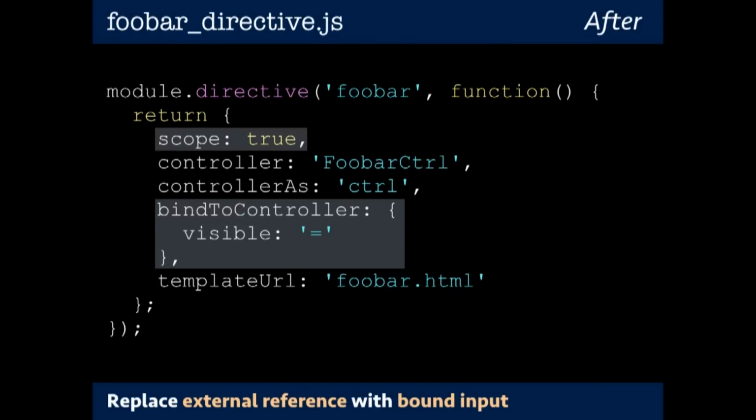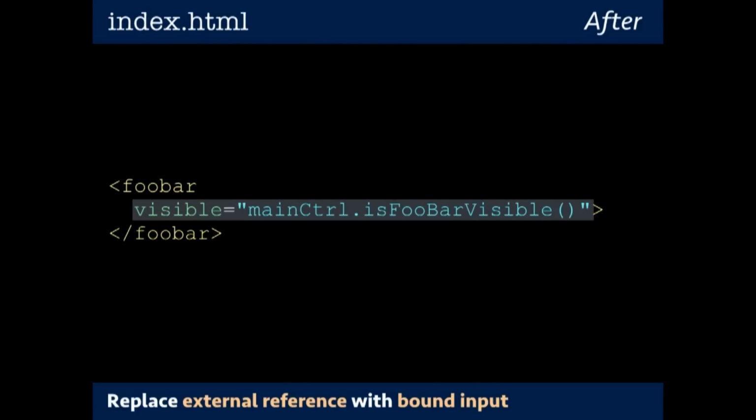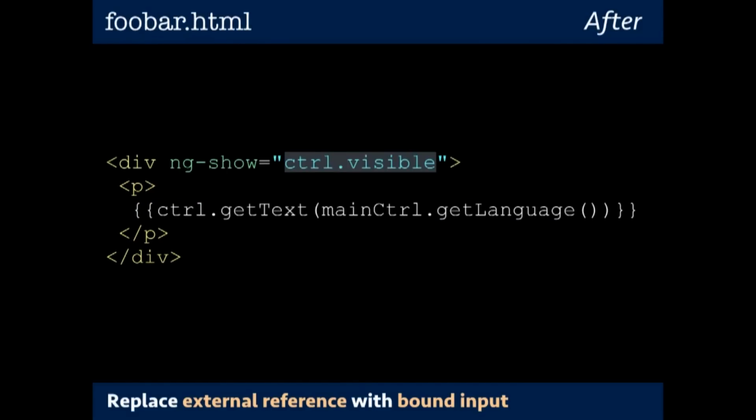So here's the first one, called visible. And we have to then plug that in when we use the component. So in the parent scope, the main controller is actually available, and we can plug in that original expression there. But inside the template, we just use the binding, which is controller.visible, and we no longer have a reference to the external world in this case.